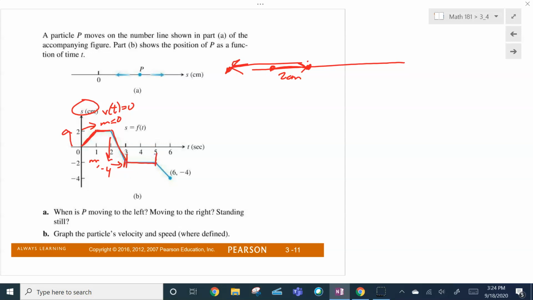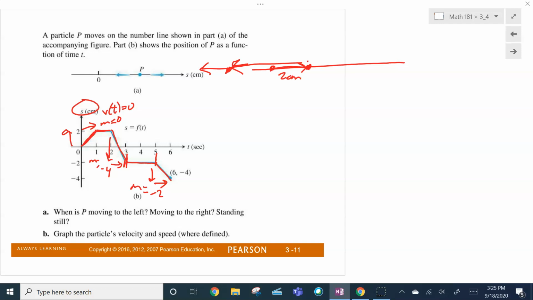Just stops. And then what does it do again? Keeps going that direction at a rate of 2 centimeters per second, right? Slope -2. And that's all the information we have there.